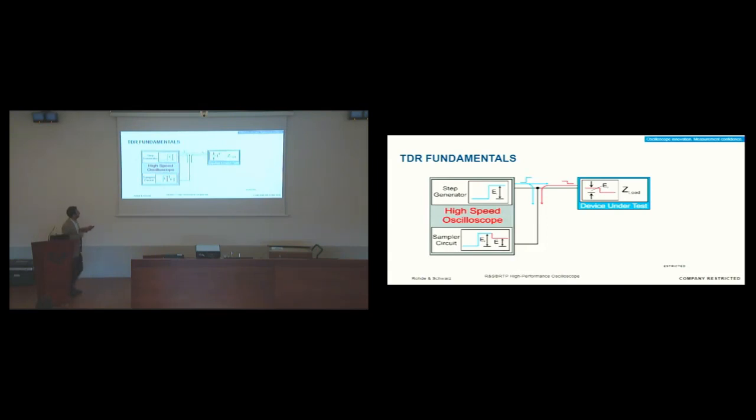So in the end, we will compare the transmitted pulse with further reflections that are coming to the input, because we have this power splitter. Depending on the mismatches, we will have different steps in the response.